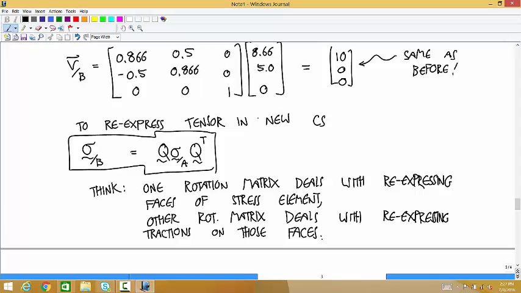So when you're transforming a vector, all you're doing is re-expressing a vector. With a stress tensor, you're re-expressing faces, and then you're re-expressing vectors on each of those faces. Those traction vectors are vectors, so that's why you have 2 in this case, and you only had 1 before.